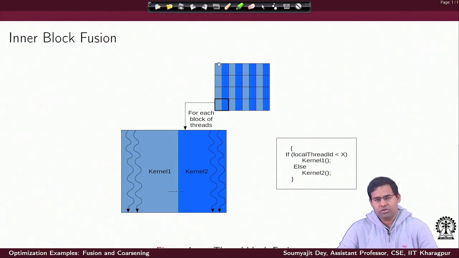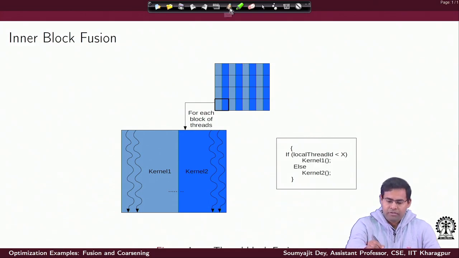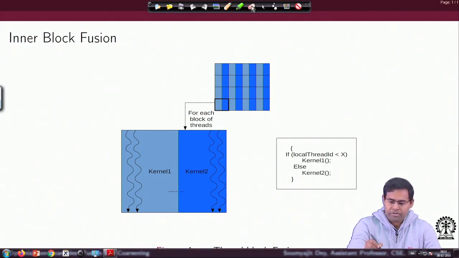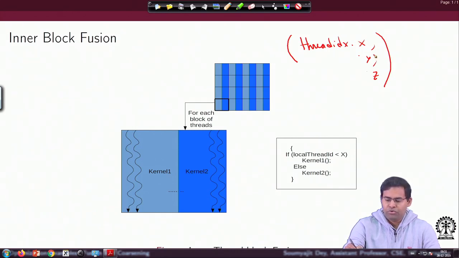Just to recall how to compute the local thread ID, you will have the parameters threadIdx dot x, dot y, dot z, and you will use them with suitable multiplication factors in the x dimension, y dimension or the z dimension, and compute the local thread ID here.